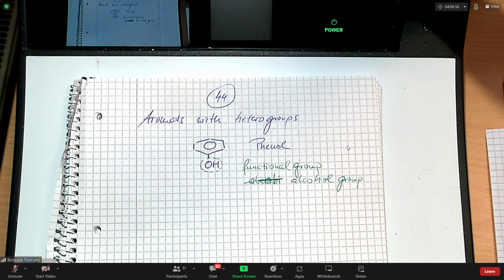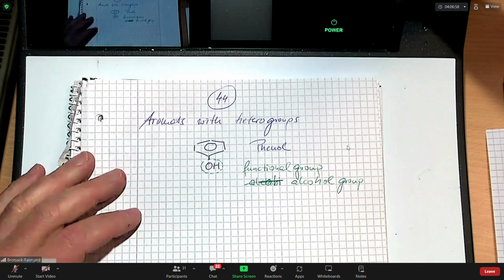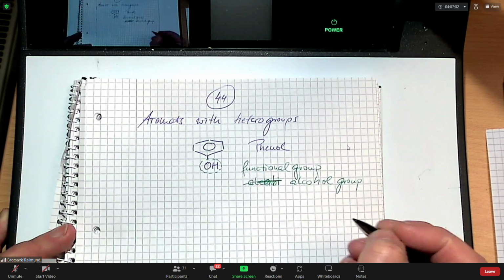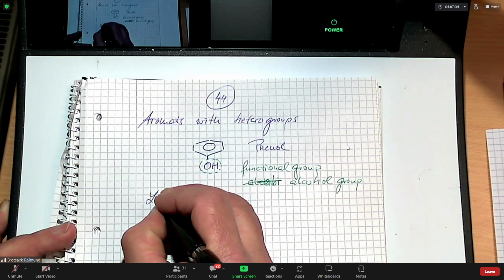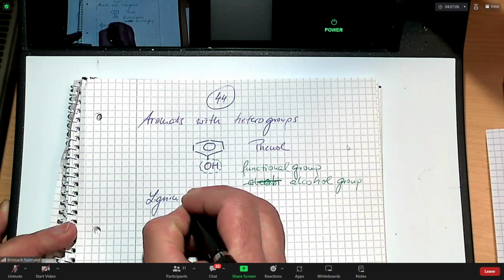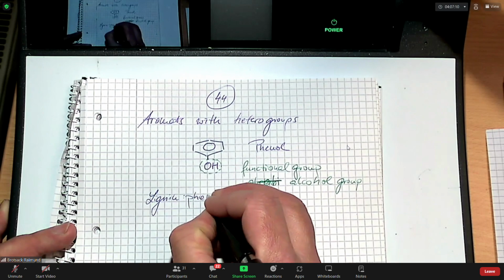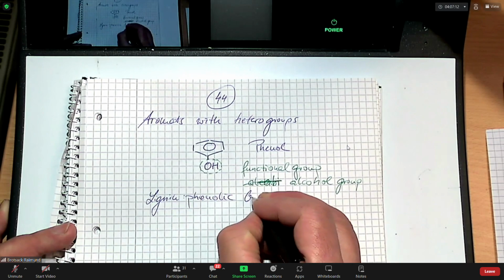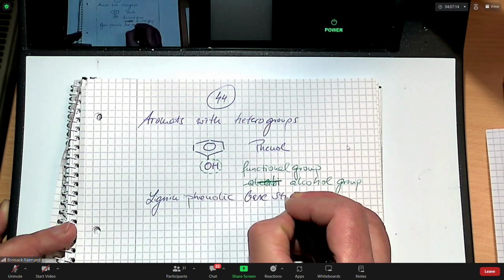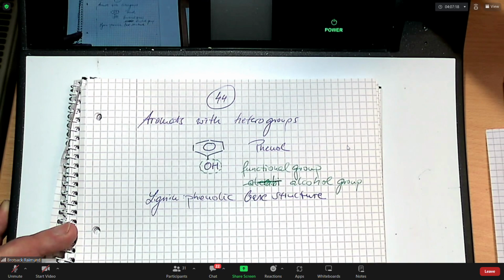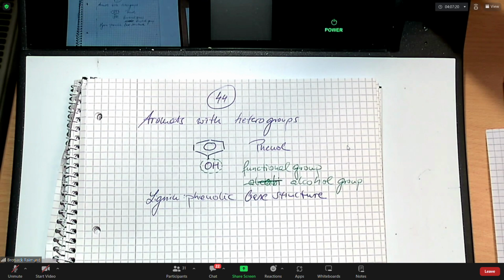And lignin is created out of a phenolic base structure. It is not as simple as cellulosic material. It's not having always the same monomer. Lignin is much more complicated.